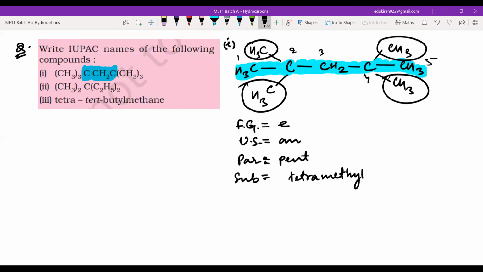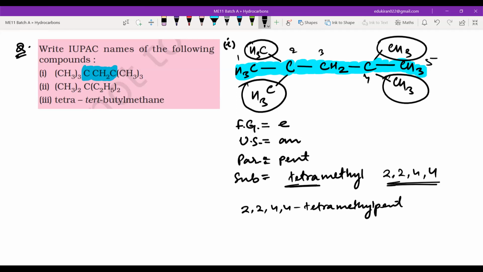So here we have 2, 2, 4, 4. So tetra means 4 methyl, so you should have at least 4 numbers. Then you write the name as 2,2,4,4-tetramethylpentane.